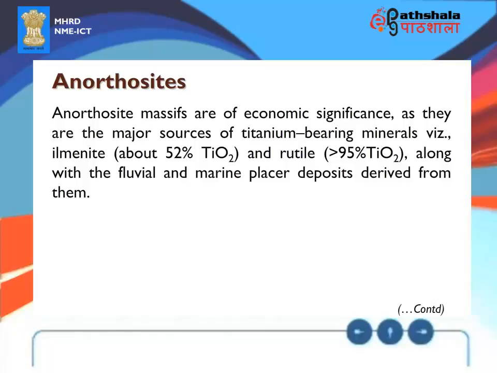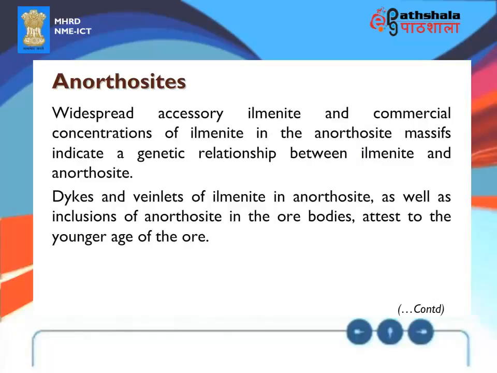Anorthosite massifs are of economic significance as they are the major sources of titanium-bearing minerals, namely ilmenite, about 52% titanium oxide, and rutile, more than 95% titanium oxide, along with the fluvial and marine placer deposits derived from them. Widespread accessory ilmenite and commercial concentrations of ilmenite in the anorthosite massifs indicate a genetic relationship between ilmenite and anorthosite.